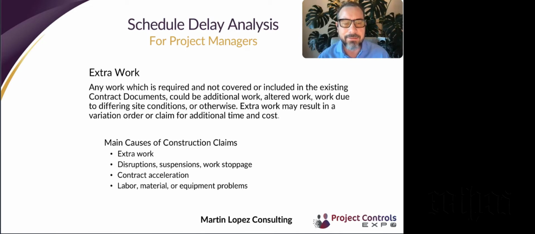So this is a very simple definition, but yet it is one of the main causes of claims. You may say it's extra work, and the counterpart says it's not. Then a dispute arises on a very simple definition, which may not be very simple to establish. So that's extra work.